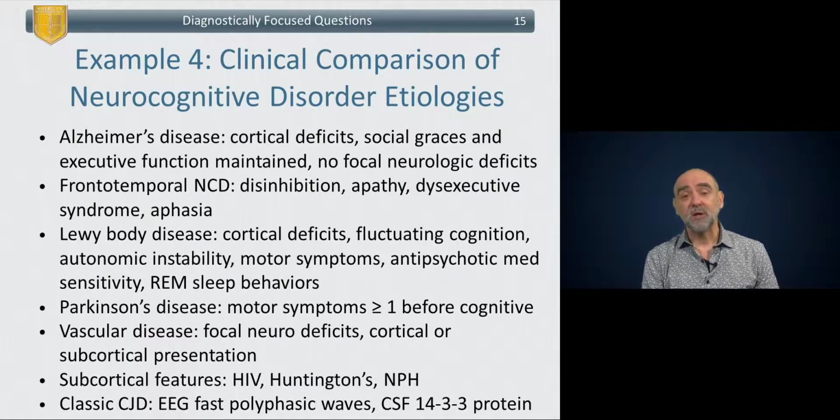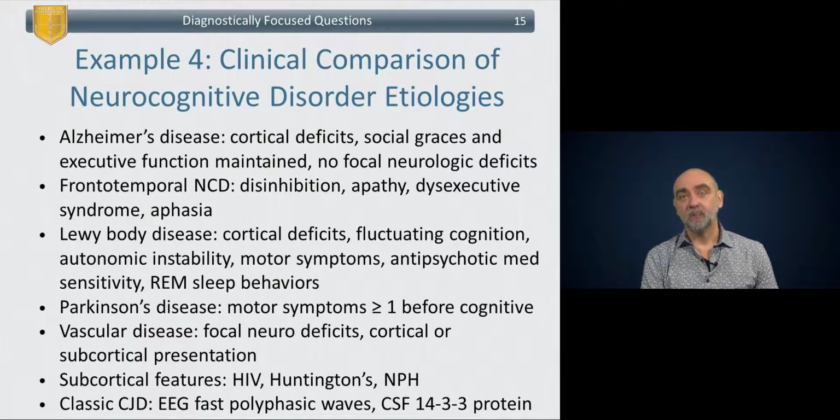Vascular disease, the vignette is going to talk about focal neurological deficits, and note that the presentation could be either cortical or subcortical. So it could go either way, because you can have small vessel subcortical disease or large stroke, thrombotic strokes in the cortex, and have a cortical presentation. Now, if you have subcortical features, that could be due to vascular disease.